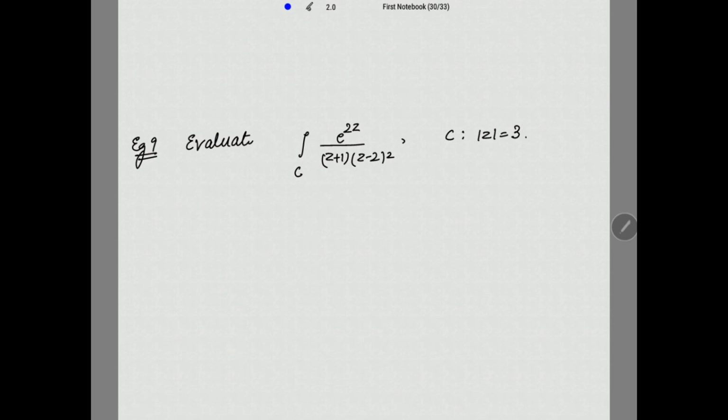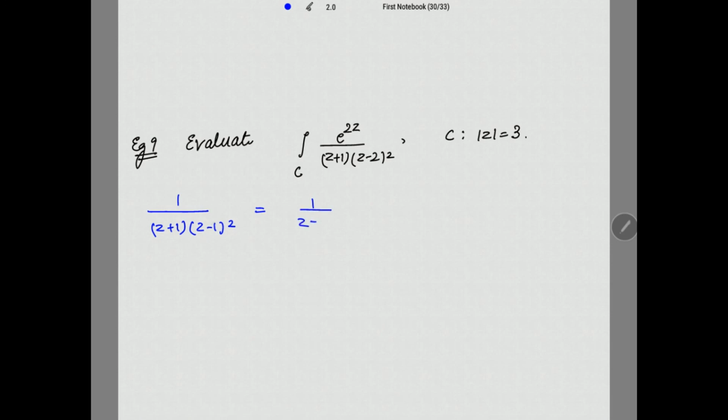Let's solve this. We have to separate the denominators first. Instead of writing again and again, I just first separate the terms. 1 over z plus 1 and this is (z minus 2) square.